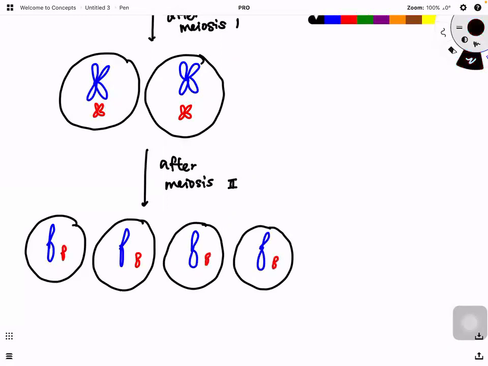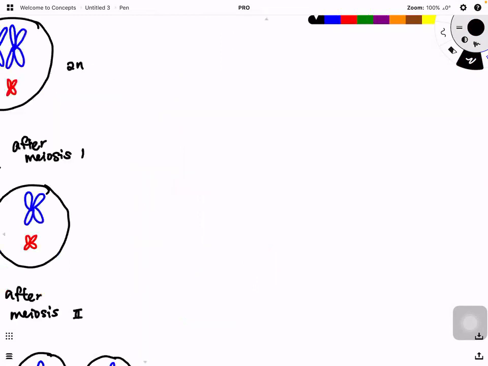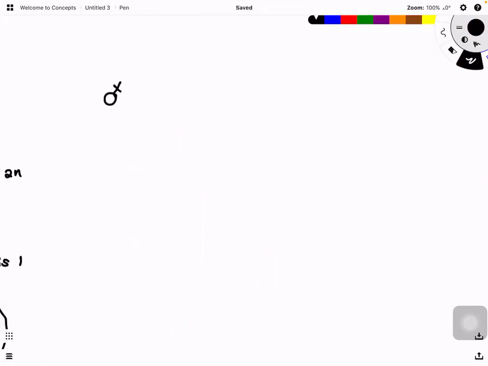This kind of gamete we call a haploid gamete, N. This is the diploid cell, 2N. The same thing will happen for the female also.